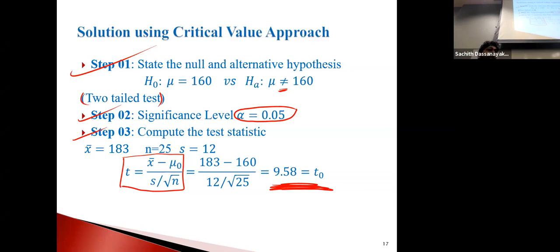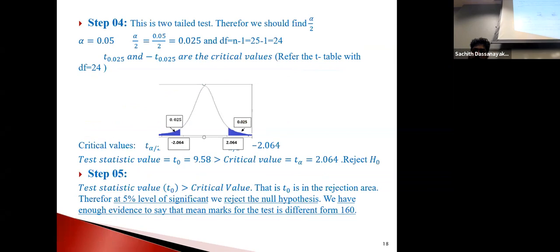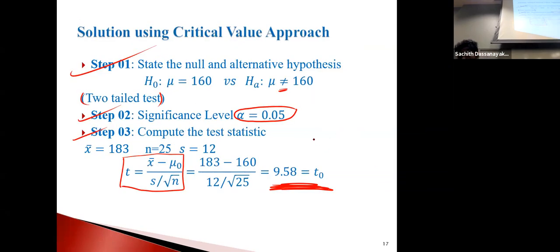Now you have to select which method you are using, critical value or p-value. To demonstrate, I'll use both approaches, critical value approach first. Since this is a two-tail test, these are the two tails with the same area.